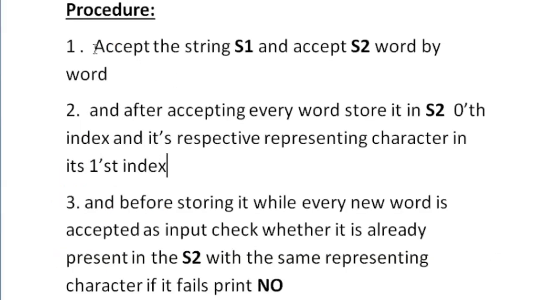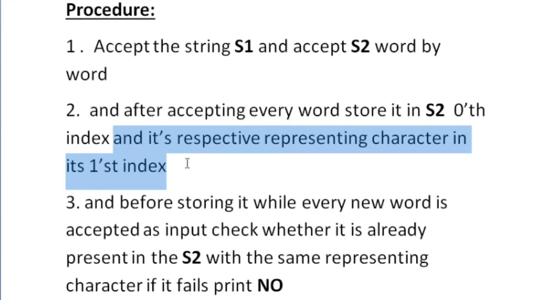Let us see the procedure we are going to use to solve this problem. First we accept our string S1, and then we do not accept the string S2 as a complete line. Instead we accept it word by word. After accepting every word, we store it in the 0th index of the two-dimensional character array S2, and its respective representing character from S1 in the first index of the array.